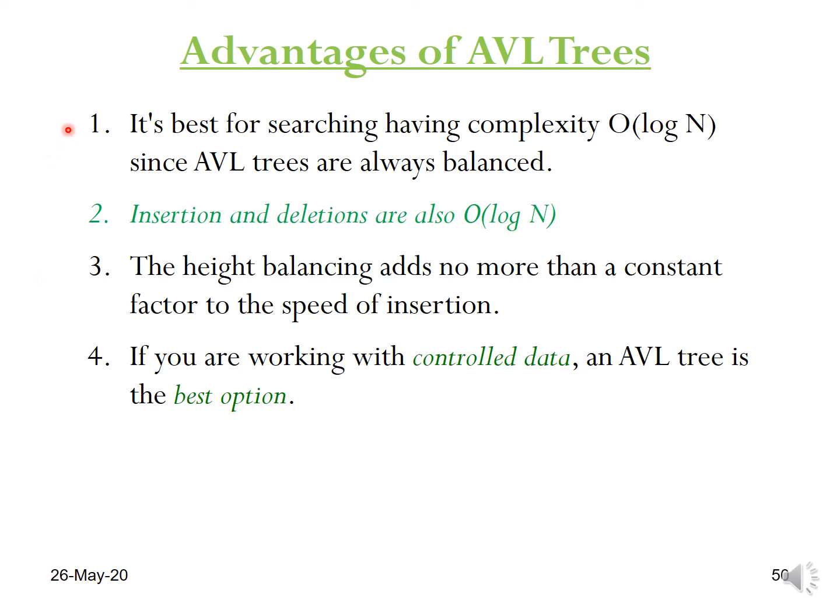The main benefits of AVL tree: it is best for searching, having complexity order of log n, since AVL trees are always balanced. The second advantage is insertion and deletion are also order of log n. The height balancing adds no more than a constant factor to the speed of insertion.